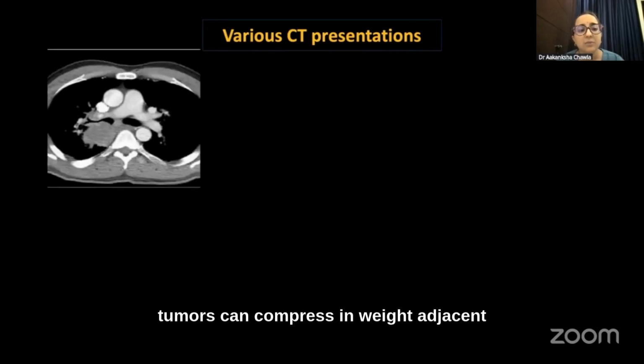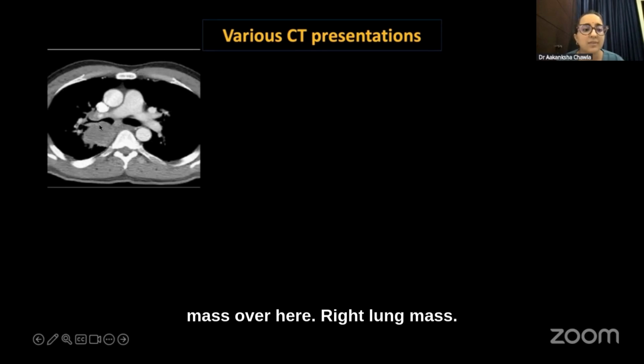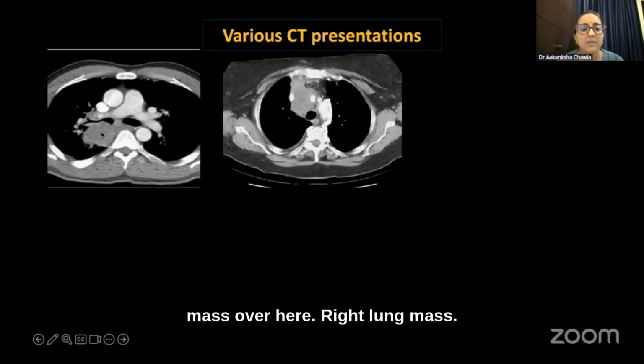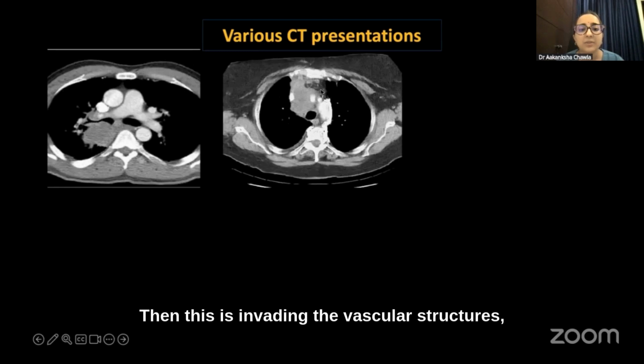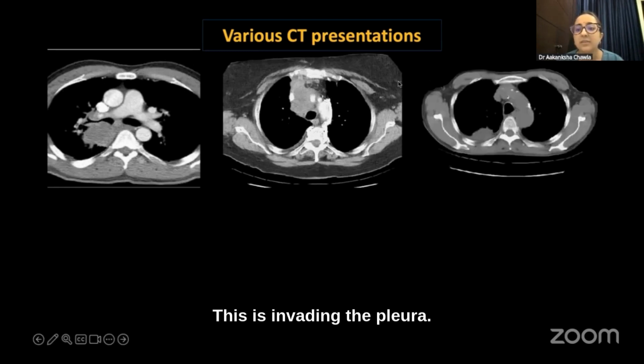Over here, tumors can compress, invade adjacent structures as well. As you can see, the right main bronchus is getting compressed with a mass over here, right lung mass. Then this is invading the vascular structures, eroding the ribs. This is invading the pleura.